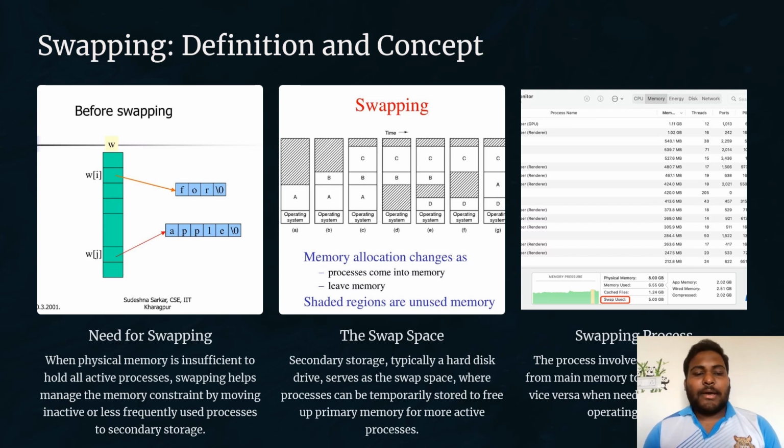Swapping helps to manage memory constraints by moving inactive and less frequently used processes to the secondary storage. For example, when we open tabs in Microsoft Edge or Chrome, such as Amazon for shopping, and search for products and top trending products in Google, we use many tabs, like 4 to 5, not a single tab.